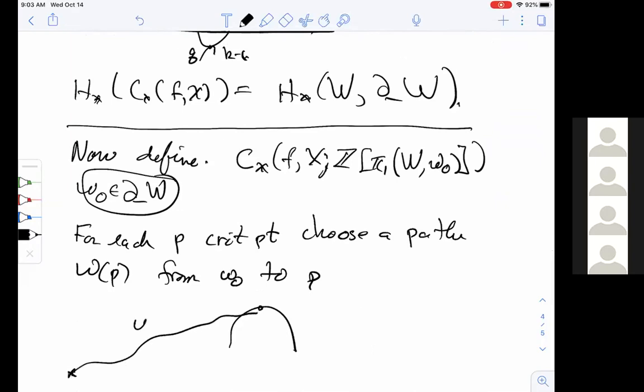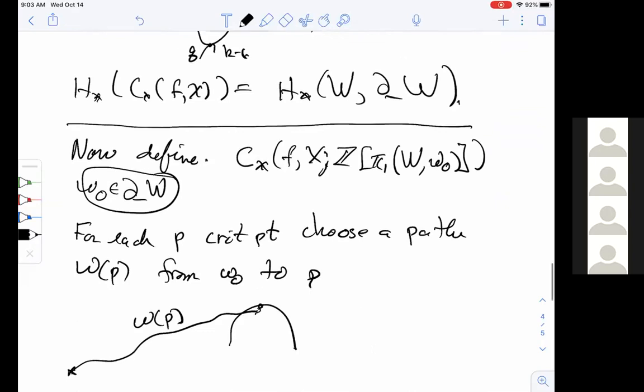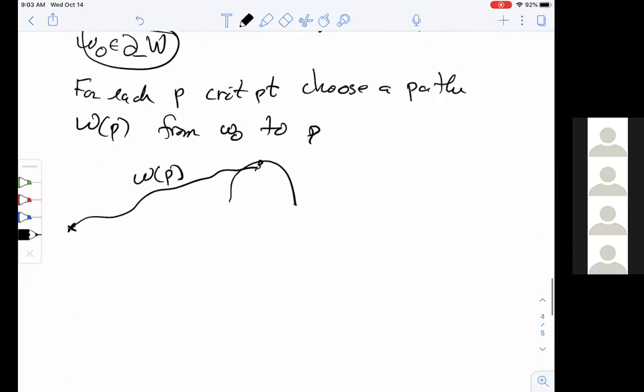I have to have an ω(P), one for each critical point. Okay.